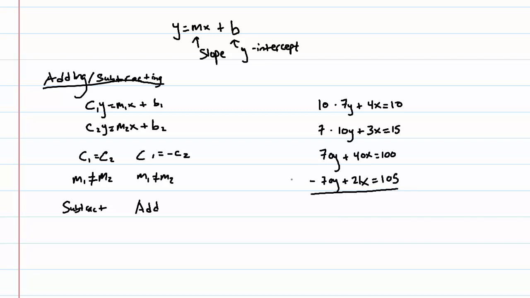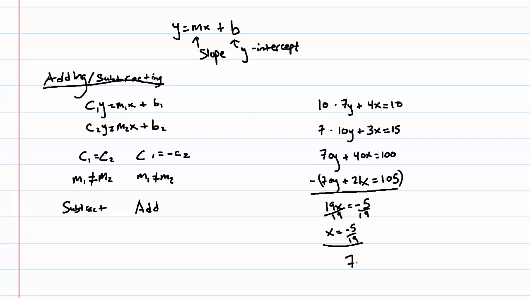We can subtract these two equations, and we'll have 19x equals negative 5. That means that x, when divided by 19 on both sides, should equal negative 5 over 19. We have x, and now we can find y.